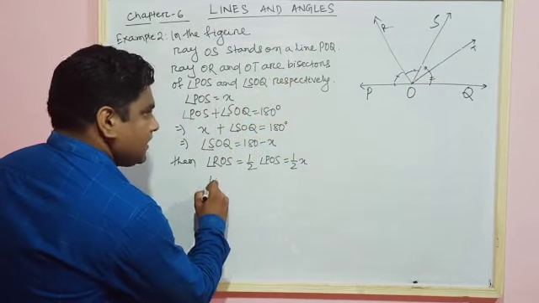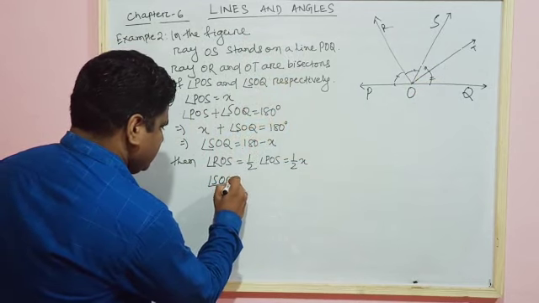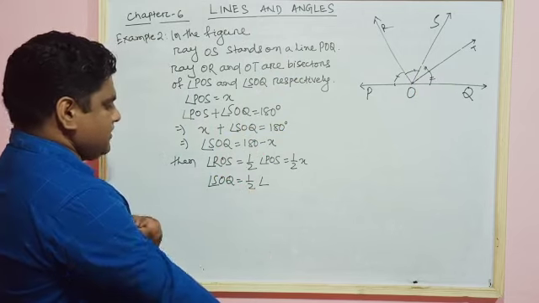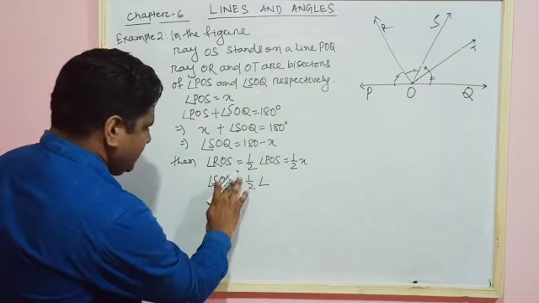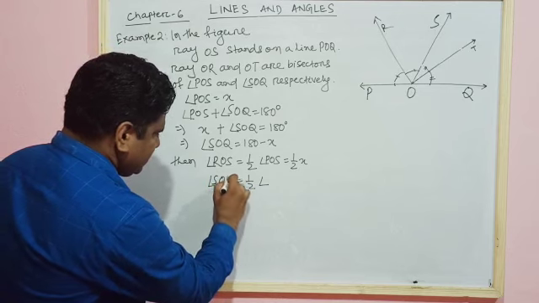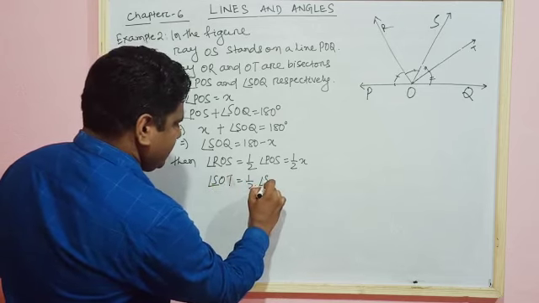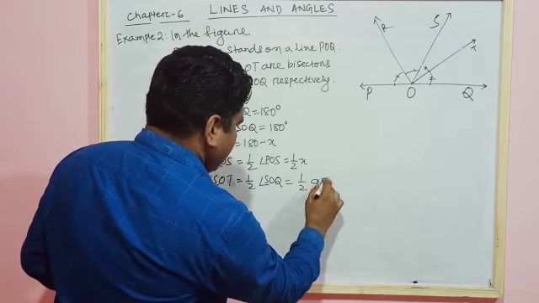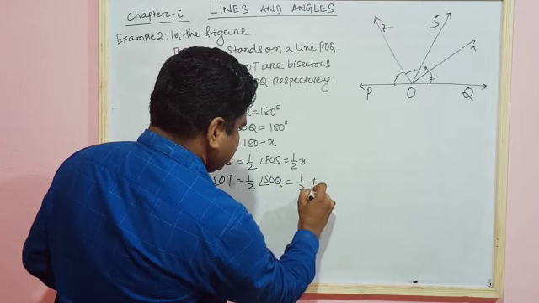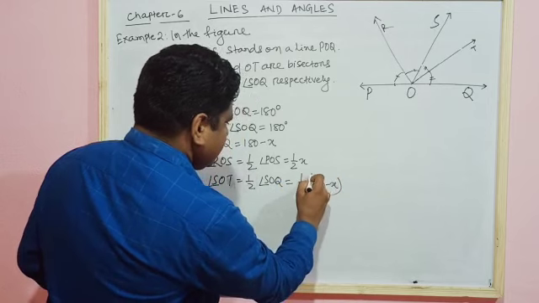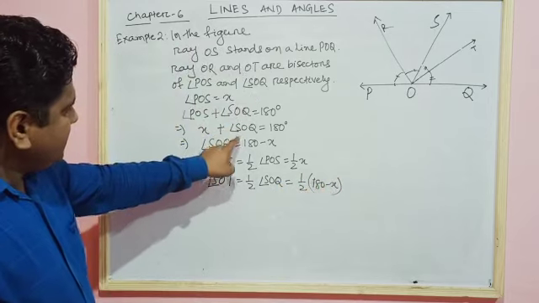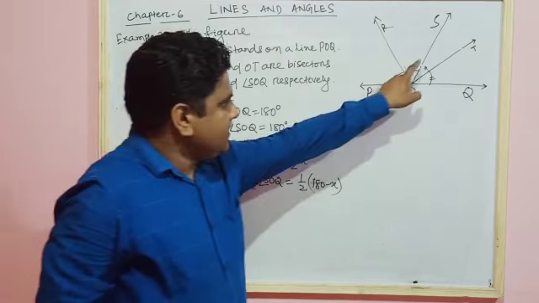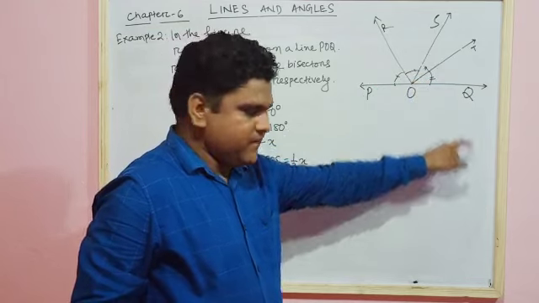So angle SOT will be half of angle SOQ, that is half of 180 minus x, because the measure of angle SOQ is 180 minus x and it will be half of this SOQ.